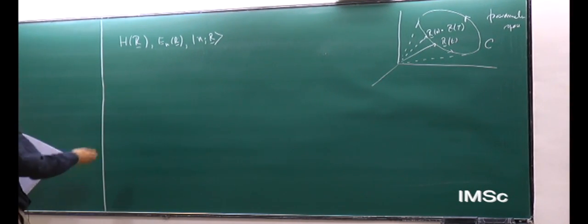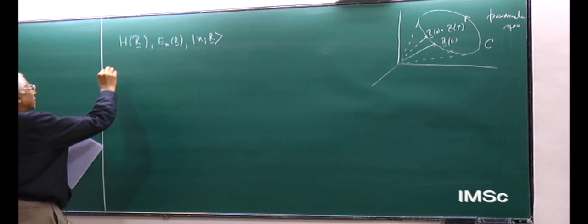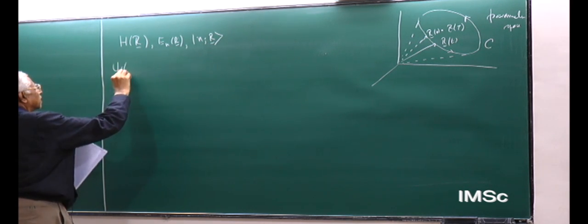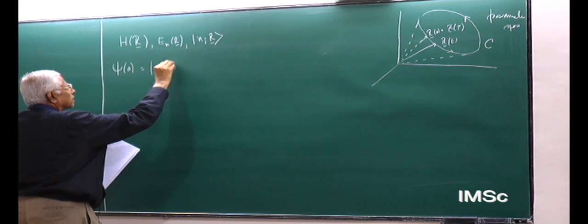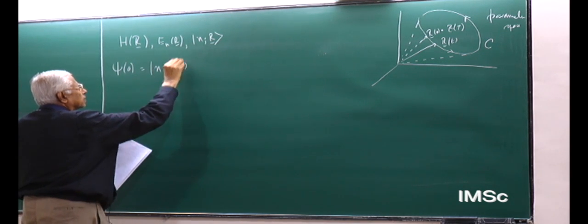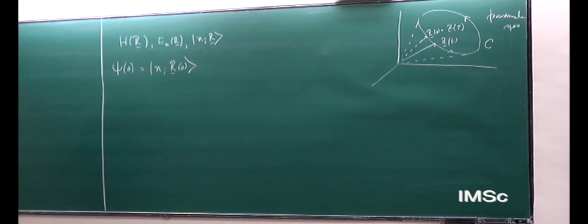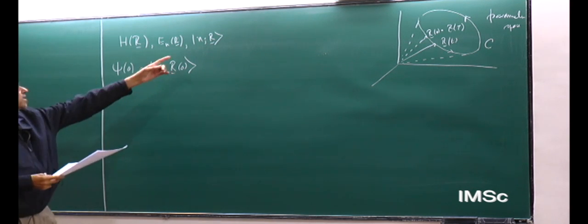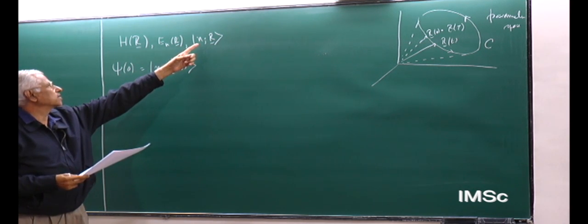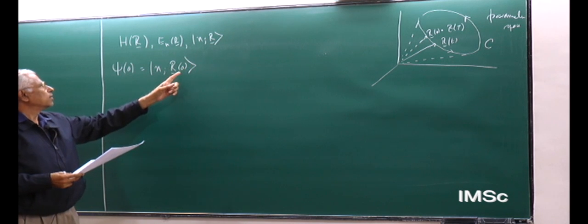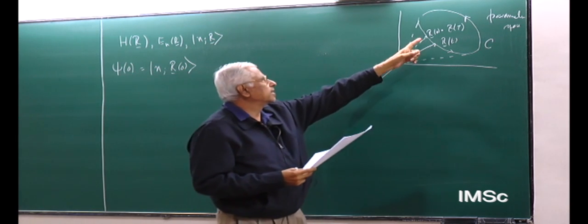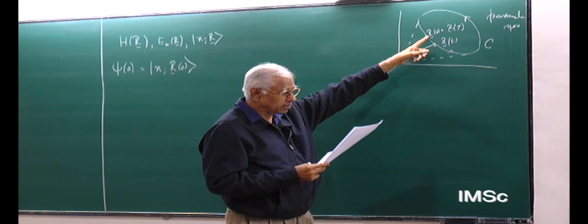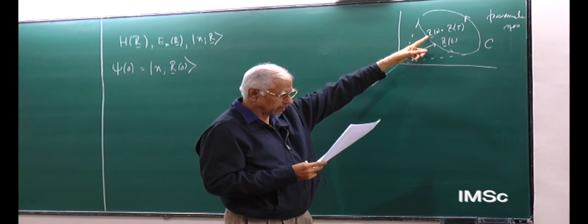All right. And now Berry's argument is as follows. Suppose we imagine that the wave function obeying the Schrodinger equation at time 0 is one of these eigenfunctions of the Hamiltonian for the values of the parameters chosen to be this point, time t equal to 0.